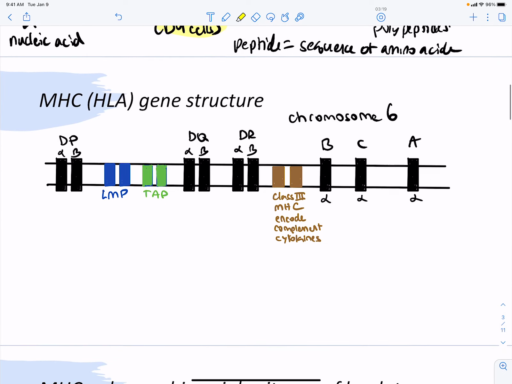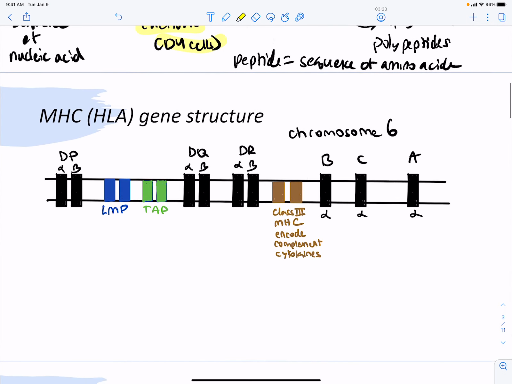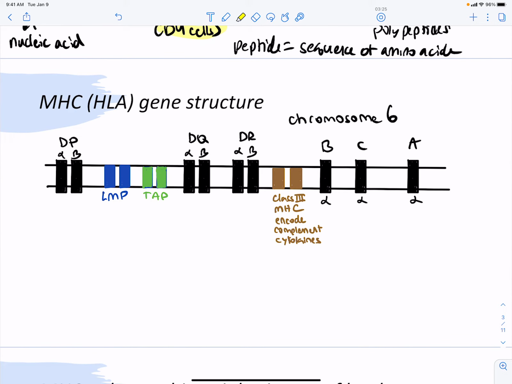Now let's talk about the MHC gene itself. The loci, or where in your genome the MHC or HLA allele genes are found, is on chromosome 6.